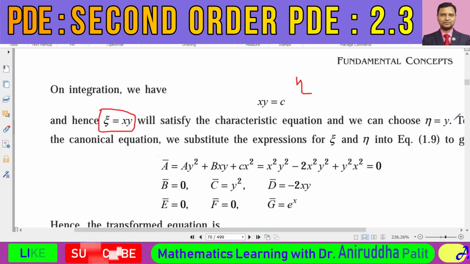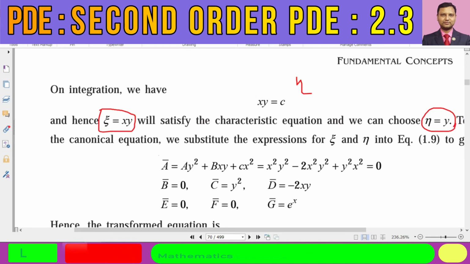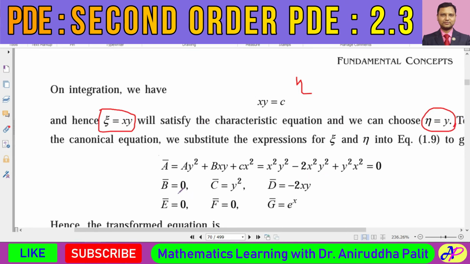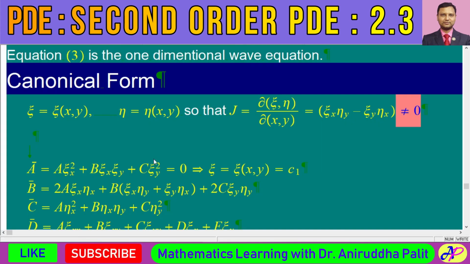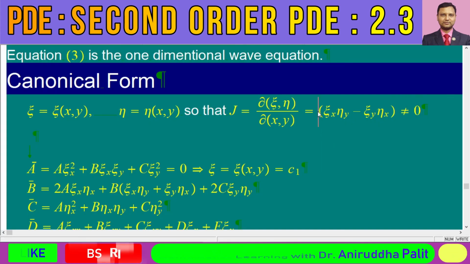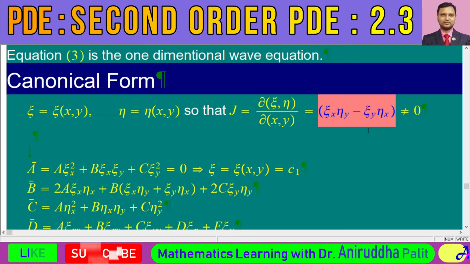From experience one can say that if we choose eta is equal to y, then you can check that the Jacobian will not be equal to 0. What was the Jacobian? The Jacobian was chi x eta y minus chi y eta x.